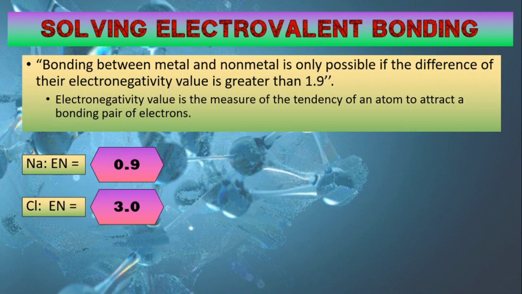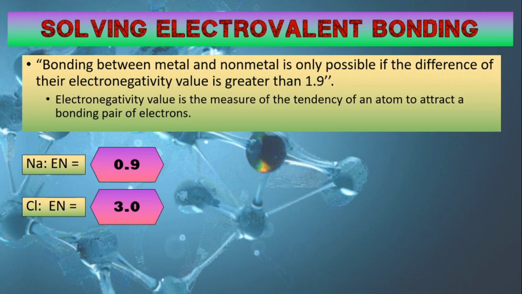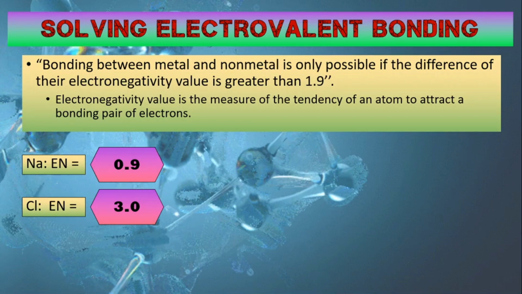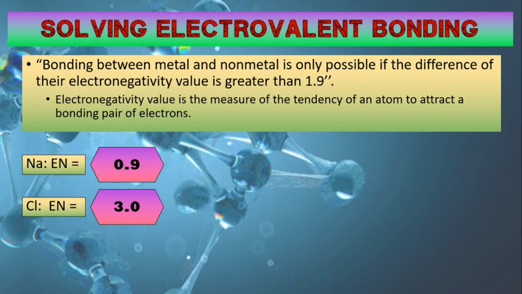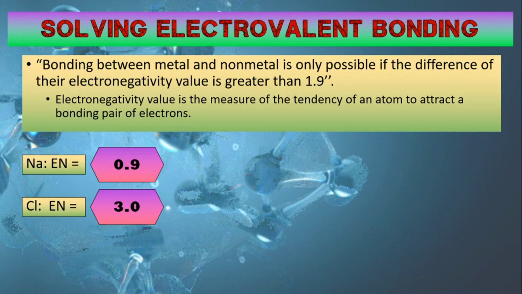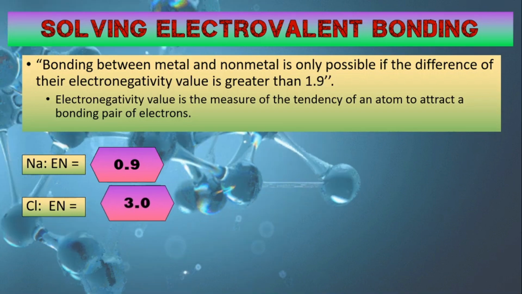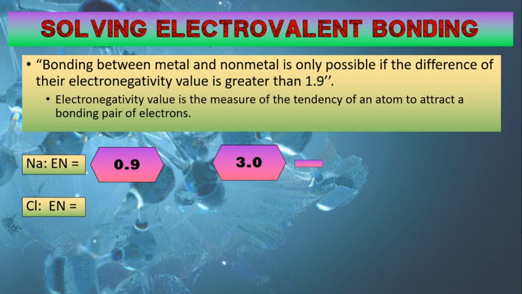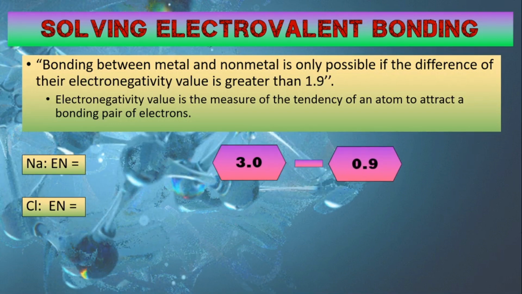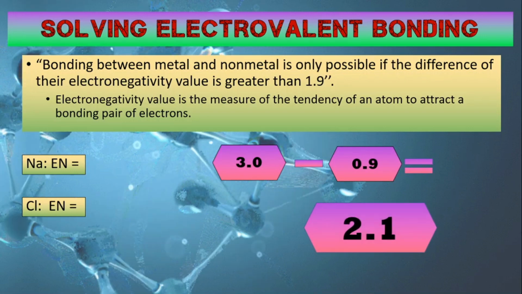Okay, so we have an example here of sodium chloride. We have Na or sodium and chlorine, Cl. Electronegativity value of sodium is 0.9 while for chlorine is 3.0. So what we are going to do is 3.0 minus 0.9 equals 2.1.